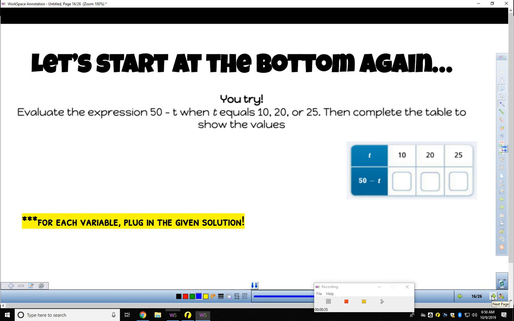So we're actually going to start at the bottom, and we're going to evaluate this expression 50 minus t when t equals different values.